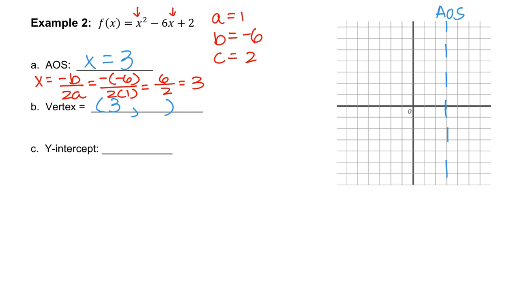So we're going to say that f of x equals, you could even say y equals if that makes more sense to you because it's the y value. Y equals 3 squared. So I'm still putting 3 in parentheses because I'm substituting. If that 3 was negative, I would want it to be in parentheses when I square it. So 3 squared minus 6 times 3 plus 2.